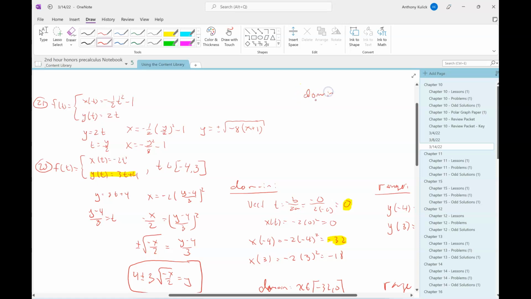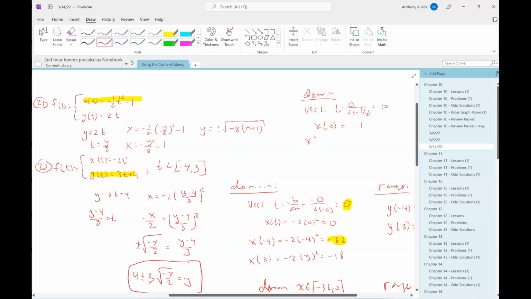So the domain, since the x is quadratic, I care about 3 points. I care about the vertex and then the endpoints. So again, the vertex happens at negative b over 2a. Remember, the b is the coefficient on the linear term, and there is no linear term in that quadratic. So still 0. And then x of 0 is going to be negative 1.